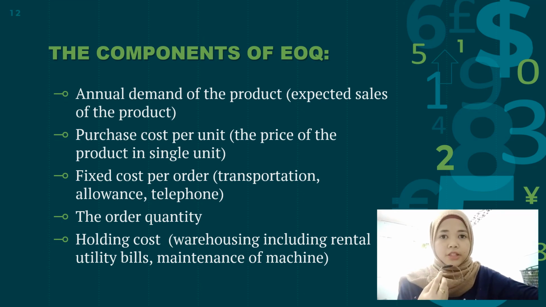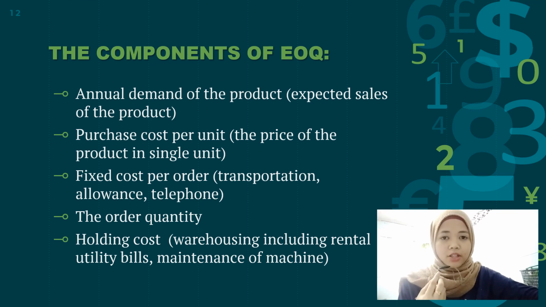Next is the components of economic order quantity. In order to apply the economic order quantity, the following components are required. First is annual demand of the product, like sales of the product. Second is purchase cost per unit, like the price of the product in single unit, to establish the order cost and holding cost.